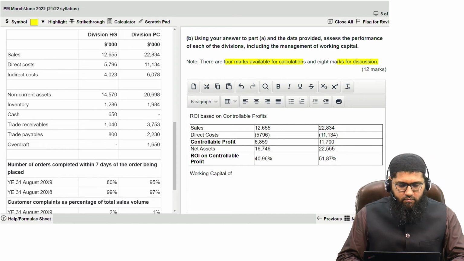Working capital of both divisions, division HG, division PC.